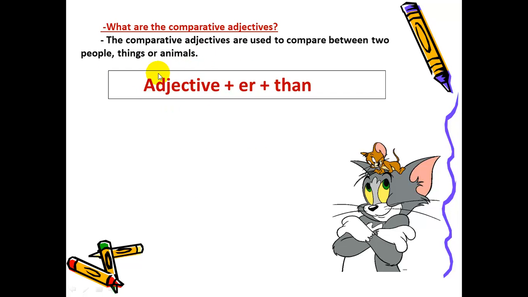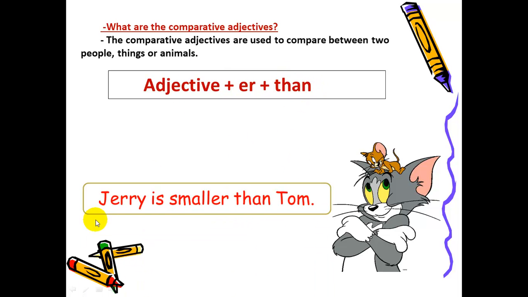I'll put the adjective, then add er plus than. For example, here Jerry is smaller than Tom. Why am I putting er plus than? Because I'm comparing between two. Only two. Tom and Jerry, right?